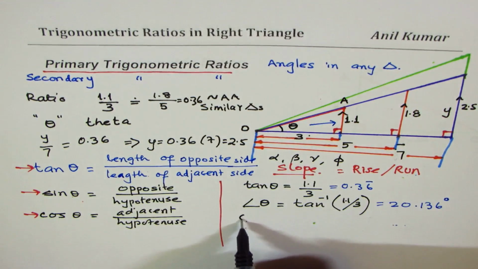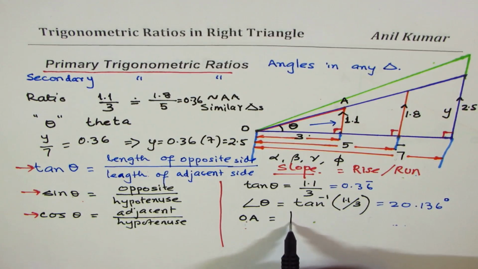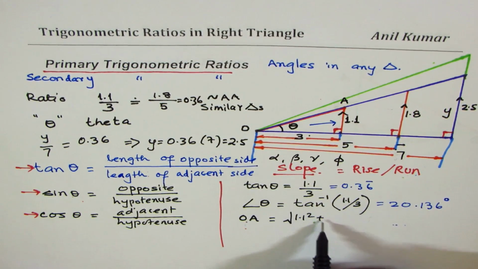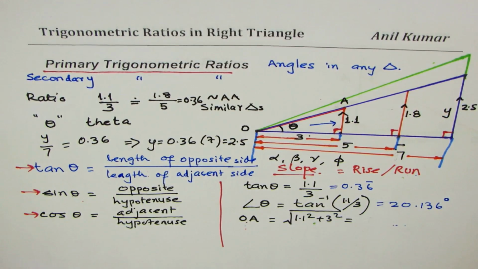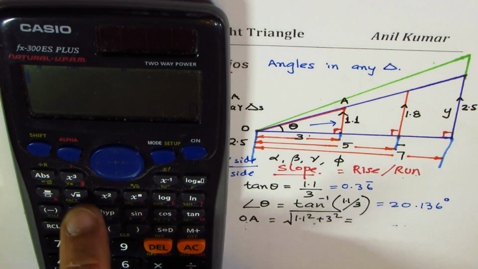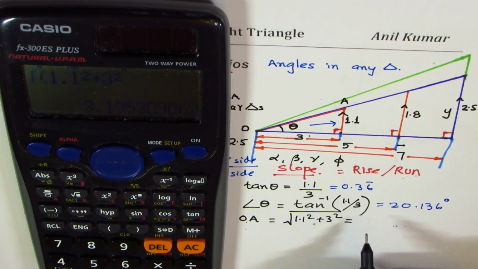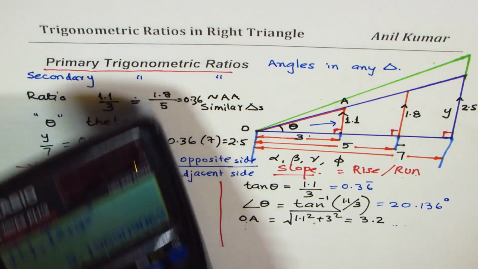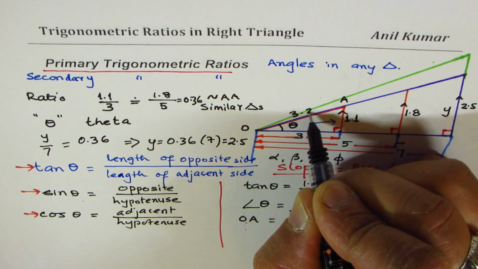We are trying to find OA. So OA is the square root of this square plus that square, which is 1.1 squared plus 3 squared. Correct? And using the calculator, the square root of 1.1 squared plus 3 squared is equal to 3.19. We are rounding to one decimal place, so we are writing this as 3.2.